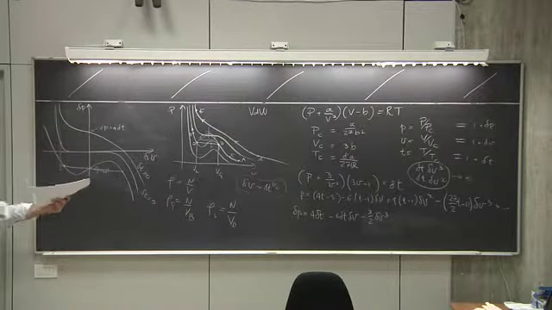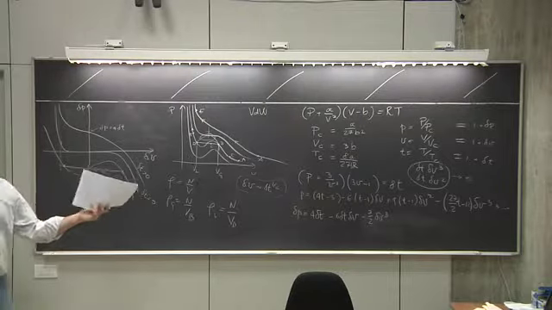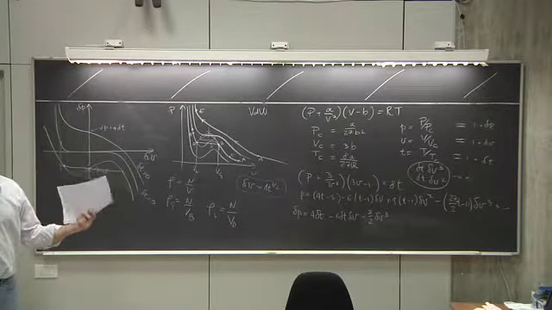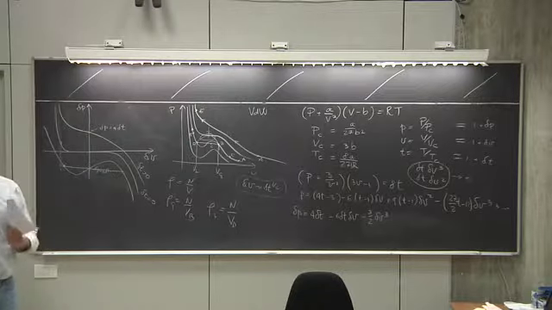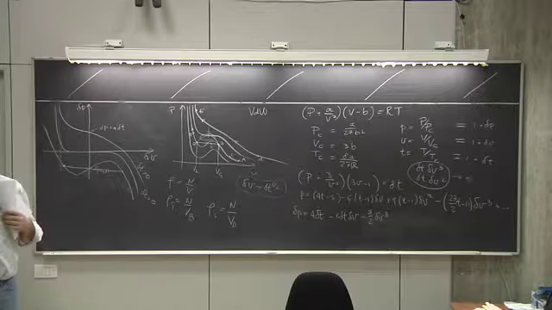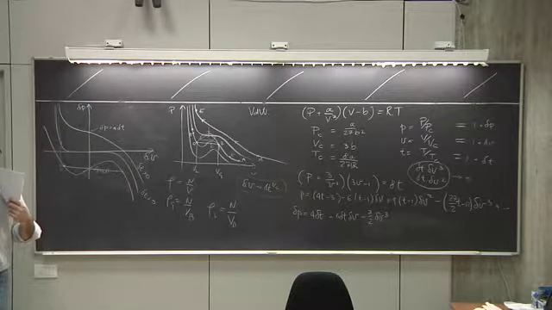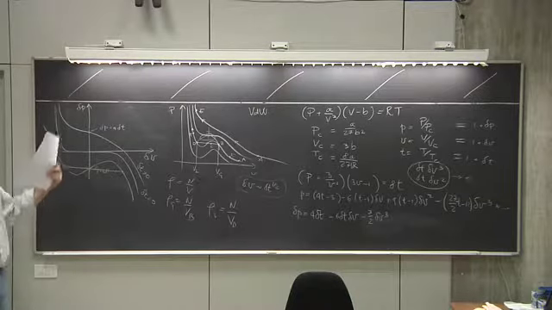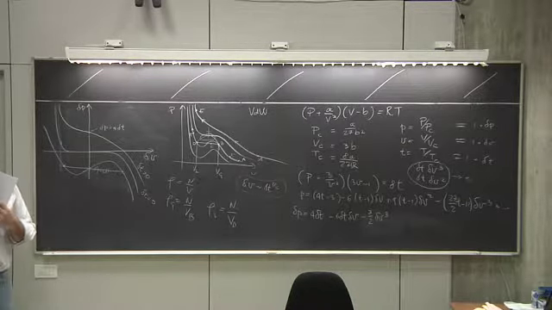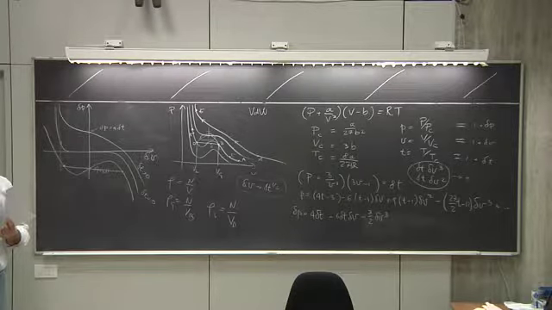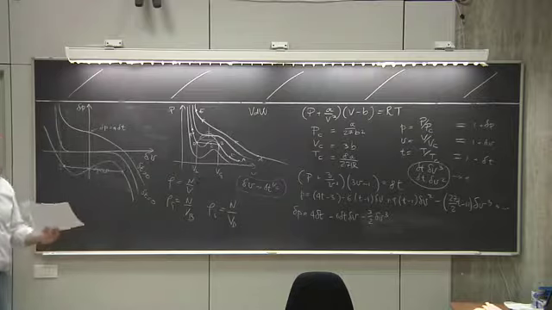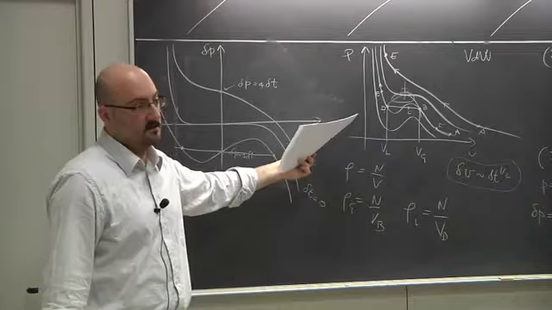By the way, if you are not familiar with plotting polynomials, you really should do it, because in the exam there will be a lot of it. This is delta p as a function of delta v. I'm plotting delta p as a function of delta v. You plot the function here and the variable on the x-axis.